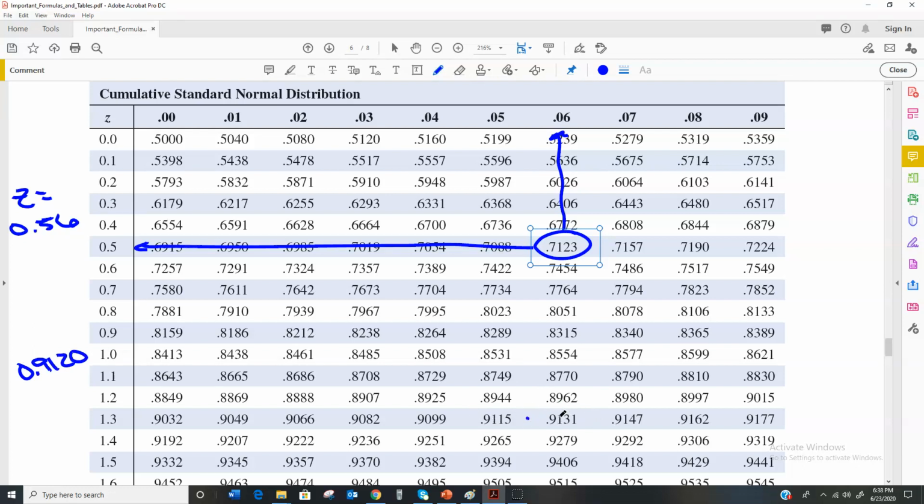So then you just look and you say, well, am I closer to 9115 or am I closer to 9131? And you pick the one that's closest. So for 9120, you'd pick 9115 because it's closer. And so that would be 1.35. Okay, and if it happens, it doesn't happen very often, but it happens to fall exactly in between two, then you pick the bigger z value, but that doesn't happen very often. Usually it's closer to one or the other.